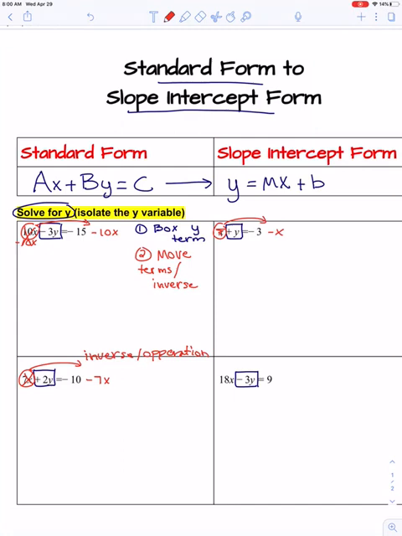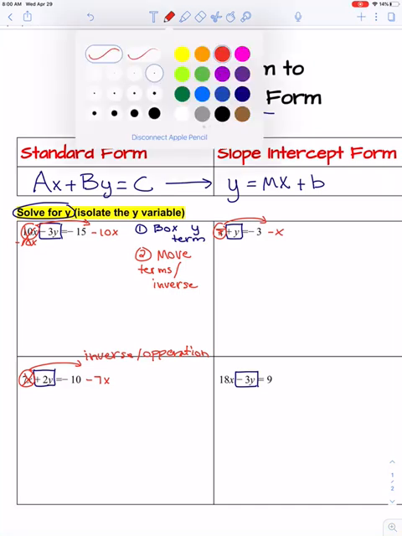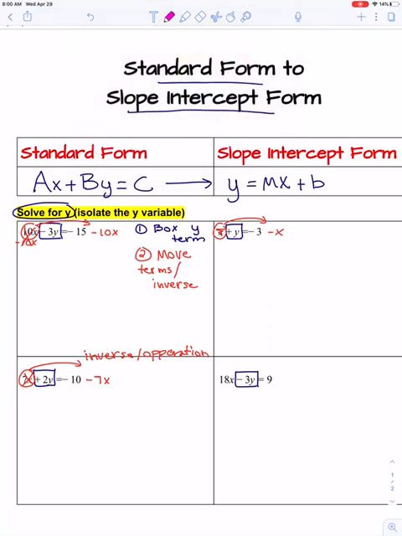Alright, now let's go back and let's rewrite and let's see what we have. So now I have left a negative 3y equals negative 15 minus 10x. Over here, I have y equals negative 3 minus x.